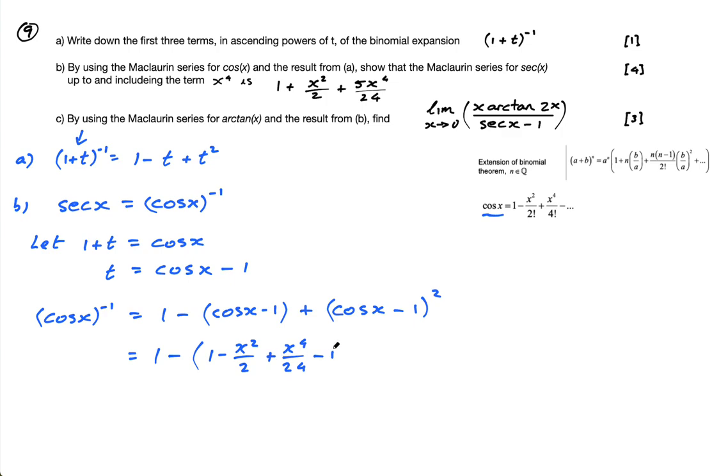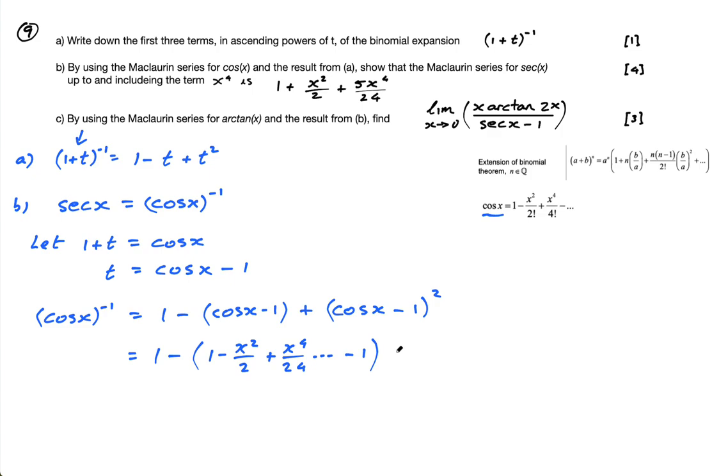So that's cos x minus 1, and I'm going to close my bracket. Technically, I should do dot, dot, dot, because it does continue, but I only have to care about it up to the power 4 term, because that's what he wants here.